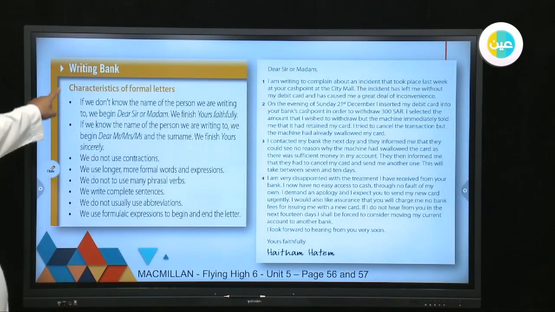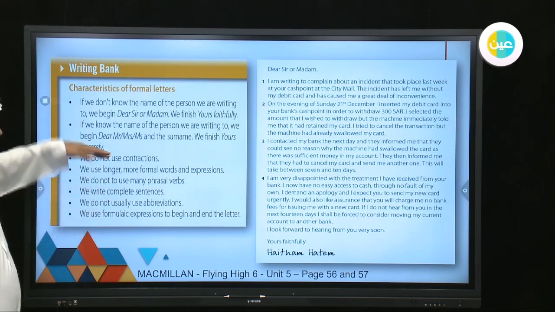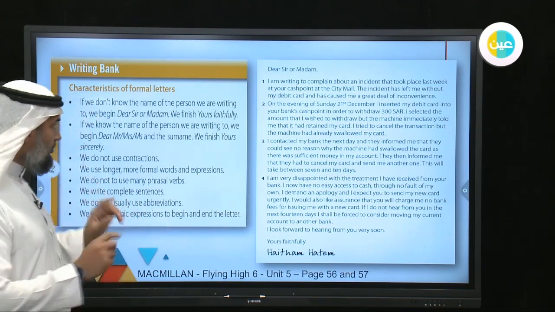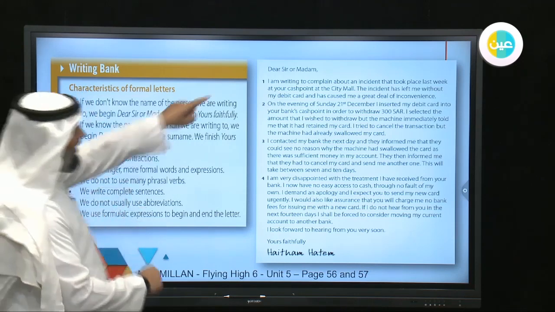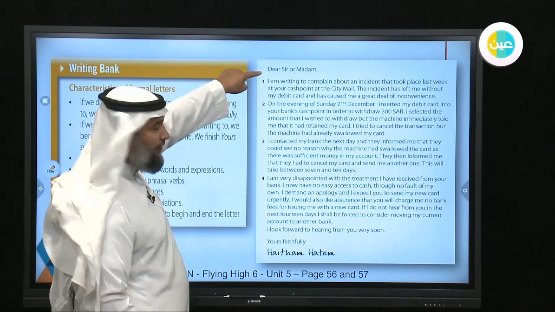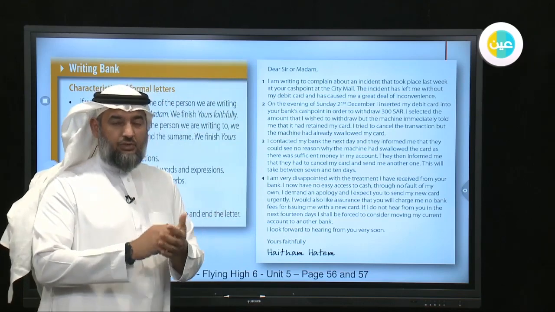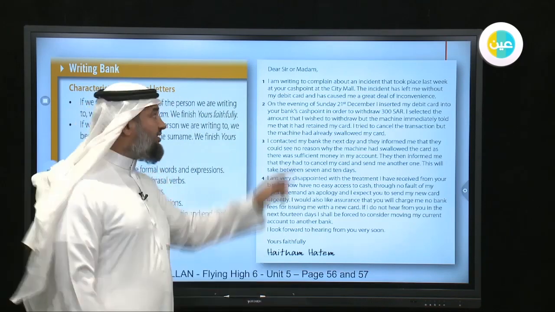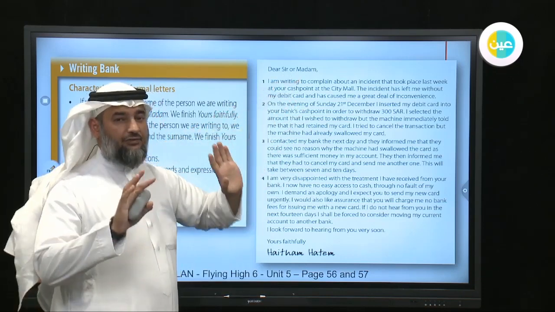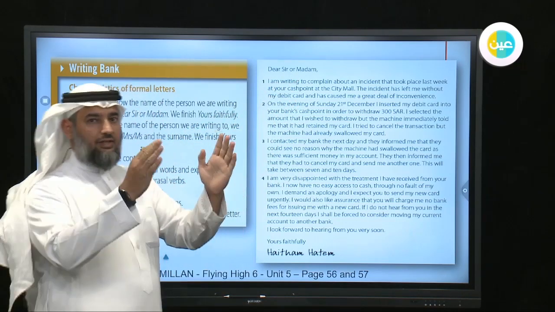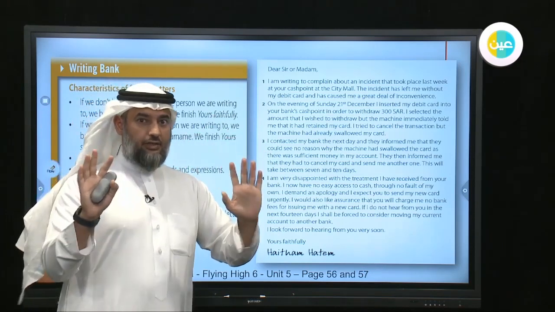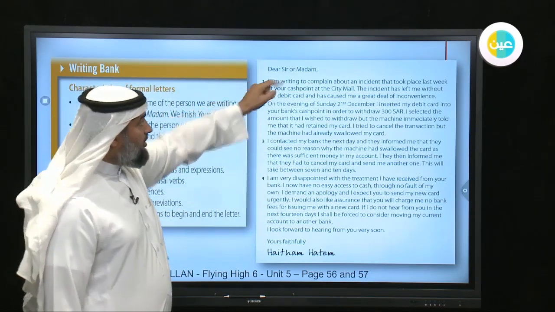Now, if you go to the word bank, these are the things that you should consider when you write a formal letter. If you look at this, he said, "Dear Sir, Madam." If you know the name of the person, when you're writing to a bank or to a company, you should write only the family name. For example, if you know the manager, his name is Hassan Al-Rajhi, you should write Al-Rajhi only. If you don't know, you say, "Dear Sir, Madam."